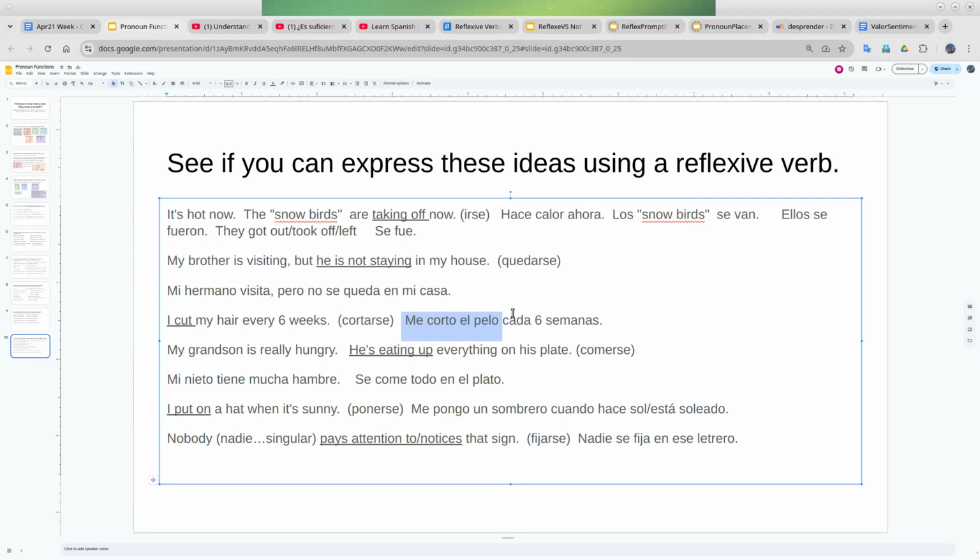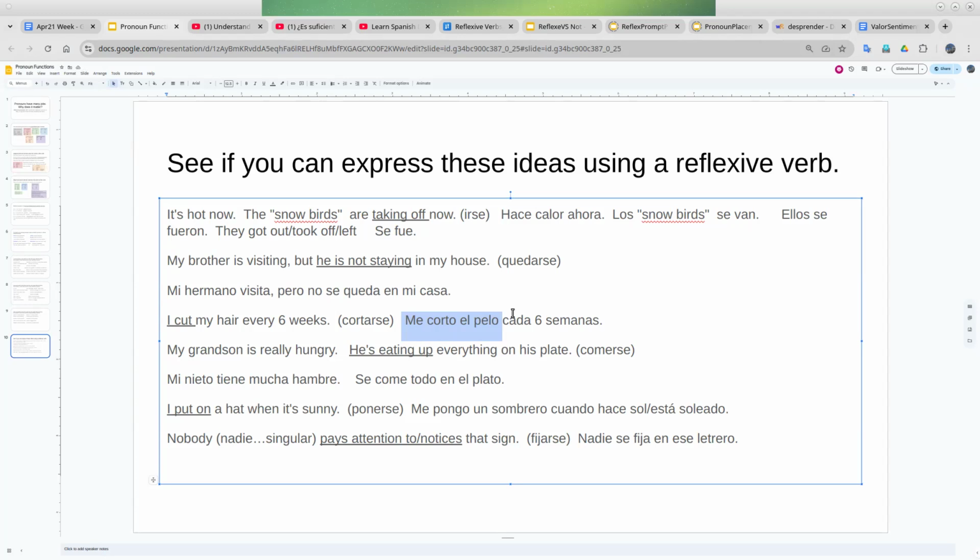Because in most cases, not 100% of the time, but in most cases, when we talk about parts of our body, they tend to just use the word with the article. So, me duelen los ojos means my eyes hurt. Instead of saying my eyes, it just uses los ojos.